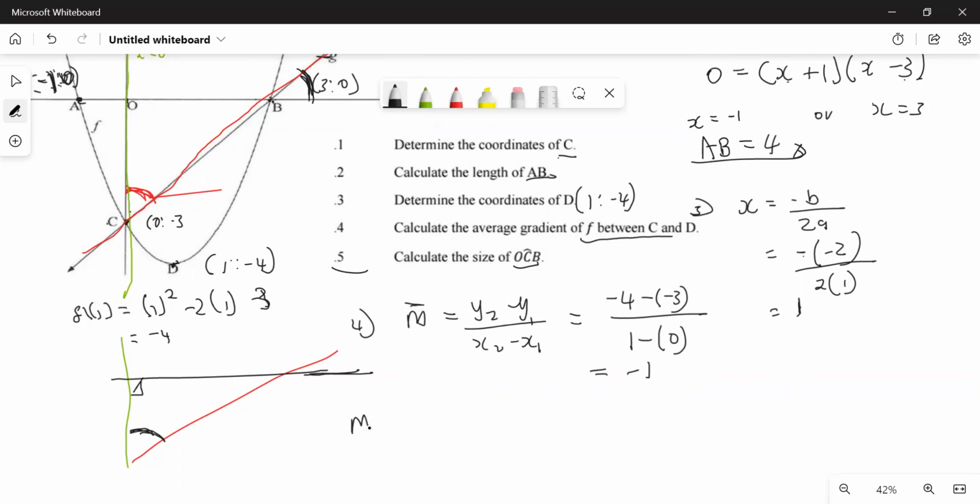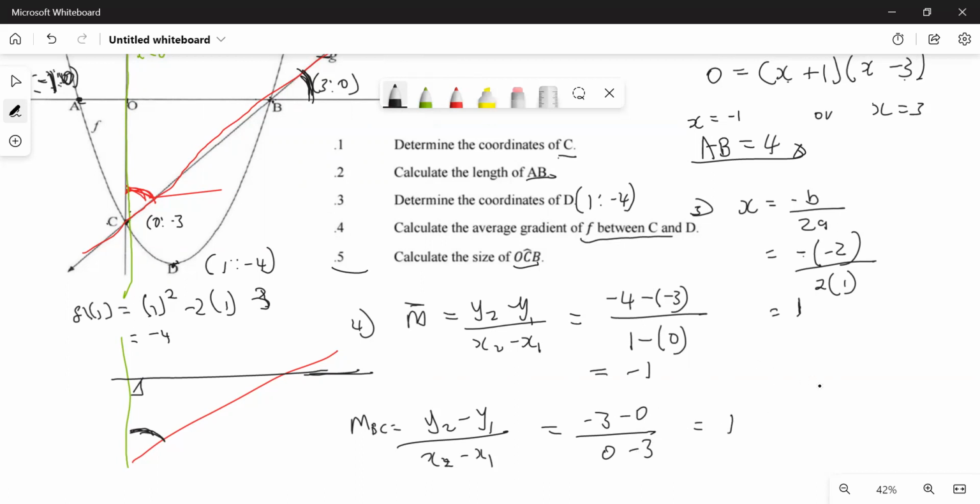So if we say we have M of BC, we are going to have y2 minus y1 all over x2 minus x1. From here, if you do it alphabetically, you're going to have minus 3 minus 0 all over 0 minus 3. If you type this in your calculator, it's going to give you 1.